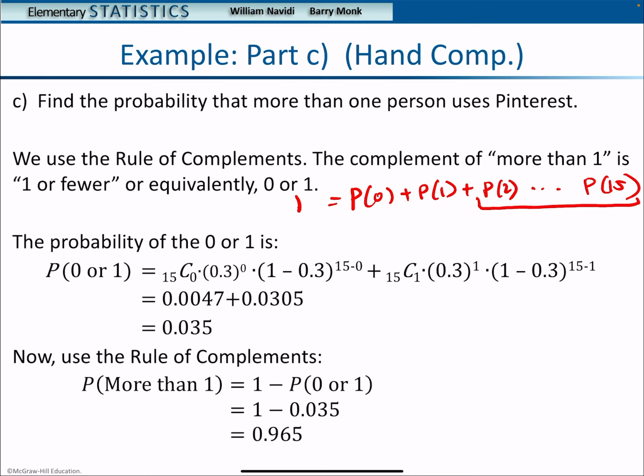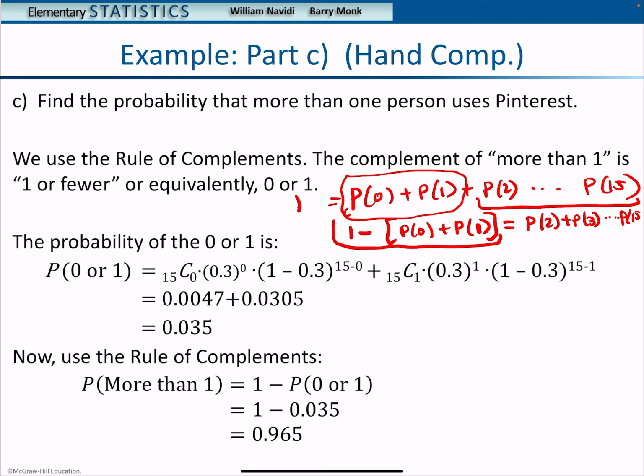So if I subtract both sides by this, then I would have 1 minus P of 0 plus P of 1, sorry. And that's going to equal this whole P of 2 plus P of 3 plus, and so on, up to P of 15. So this is what we want, okay?